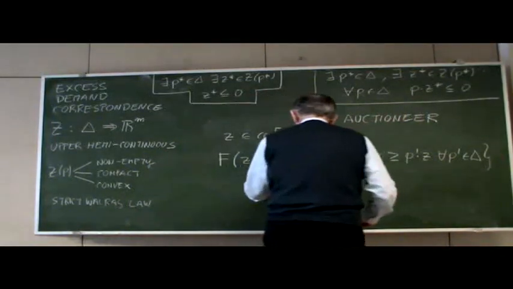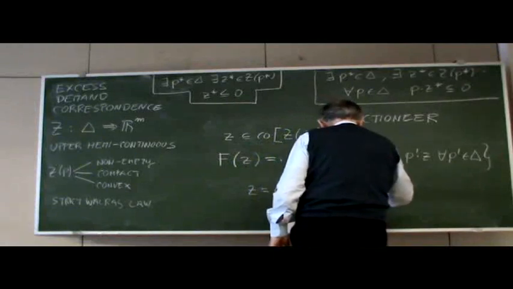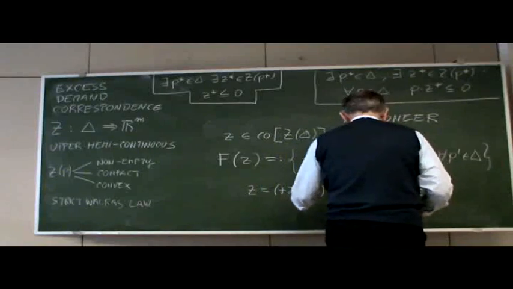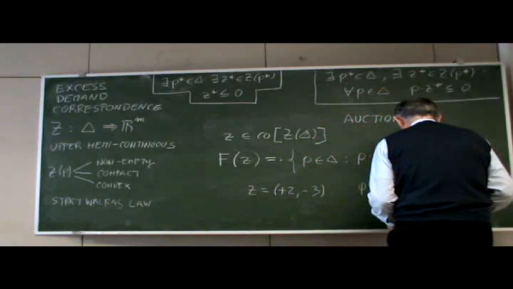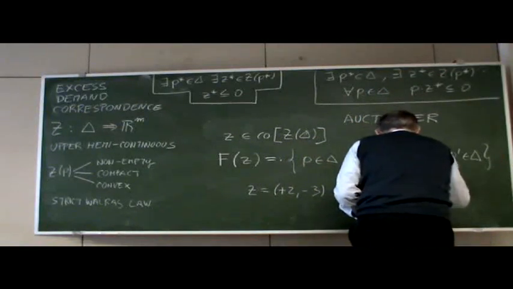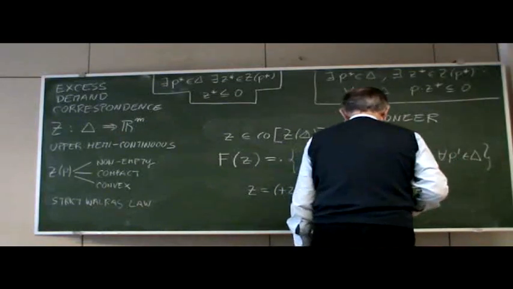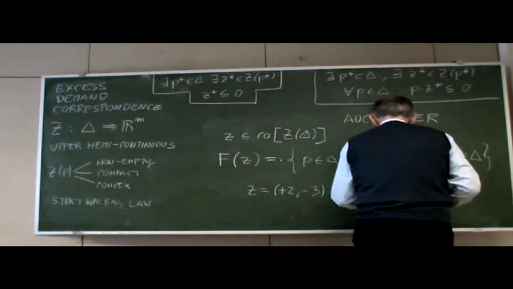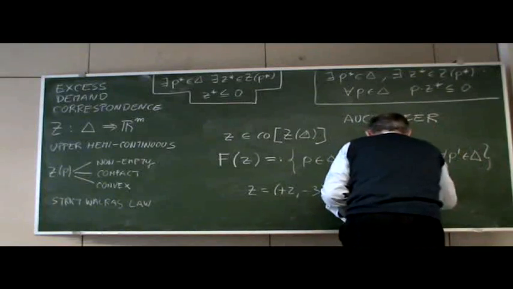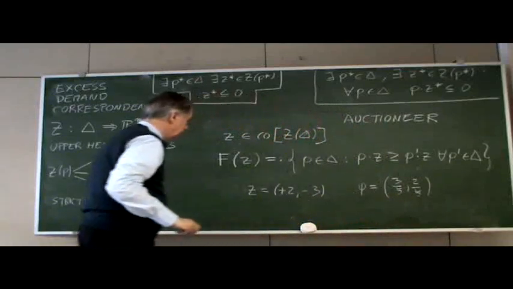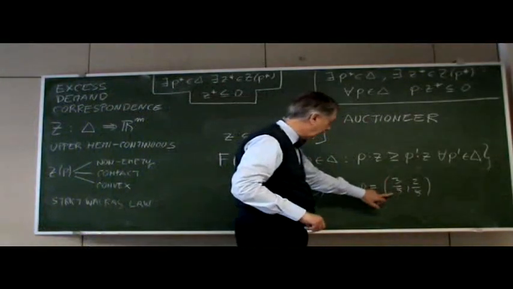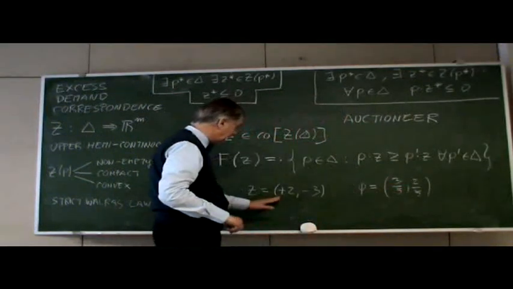And suppose that in the traditional context of Walras, when the prices are 3/5 and 2/5, this is the excess demand vector.